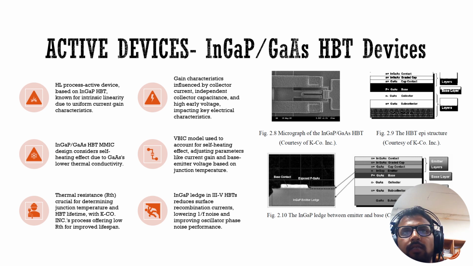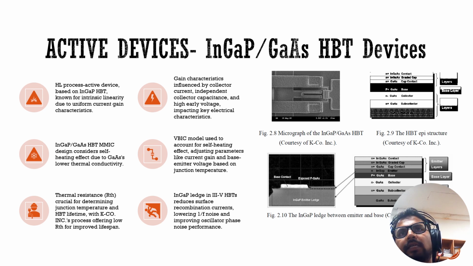Then thermal resistance is one of the device characteristics, which is crucial for determining the junction temperature and SBT lifetime, with the Korean company including processes offering low thermal resistance for improved lifespan.